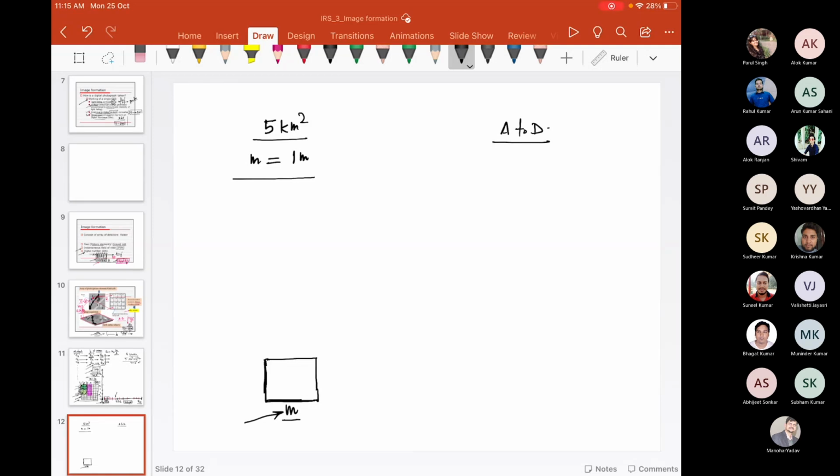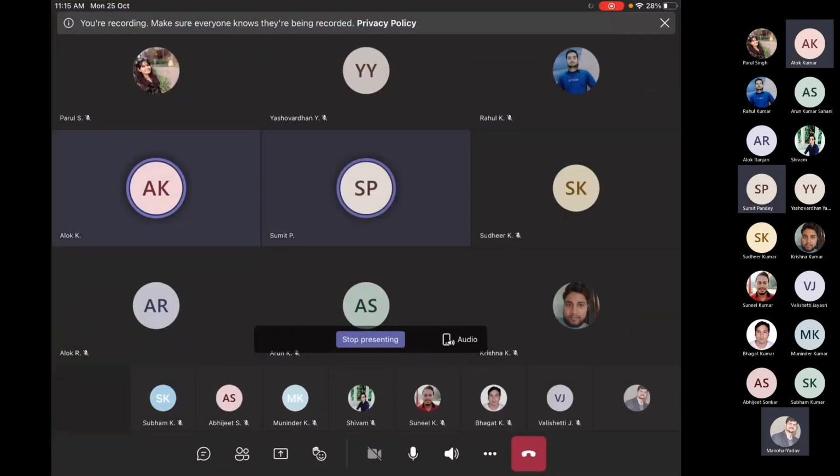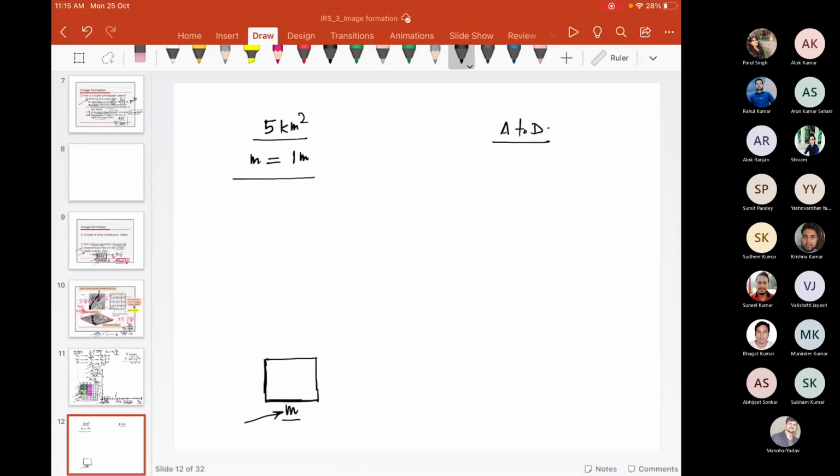Any of you can respond. Sir, 5 into 6. So it will be simply the total number of ground resolution cells or picture elements.